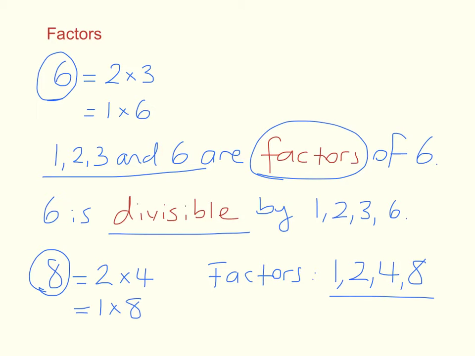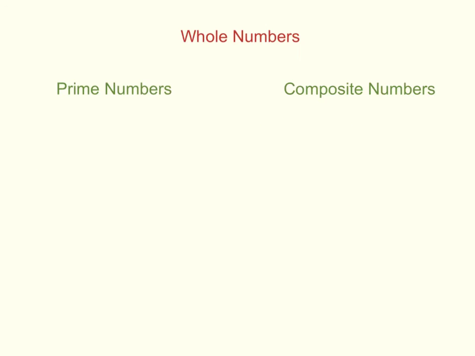Now let's go back to this classification of prime numbers and composite numbers. So when we say prime numbers and composite numbers, we are talking about a slight difference in their definitions. Now, first of all, think about this statement.